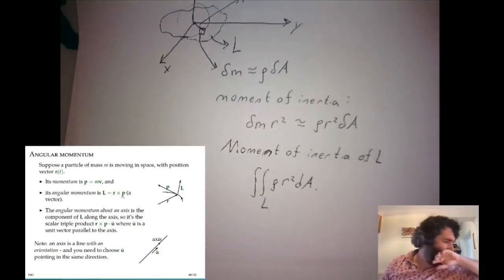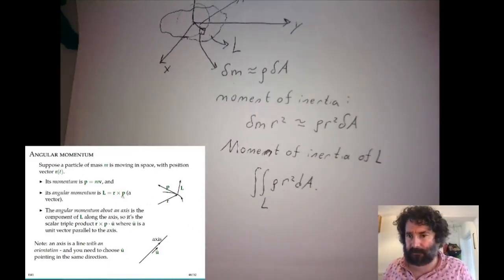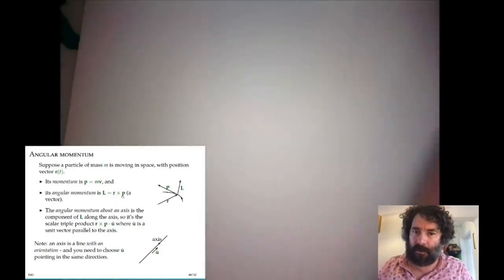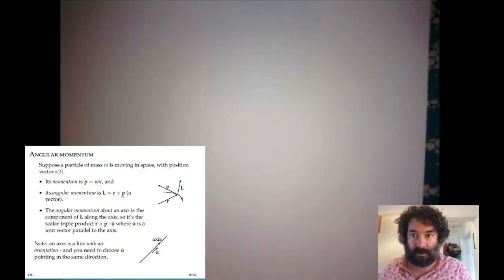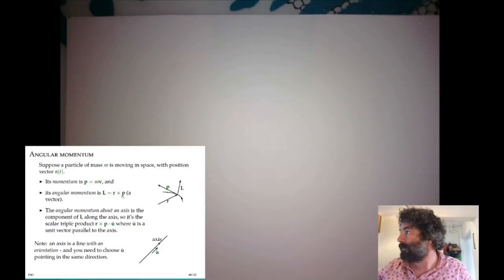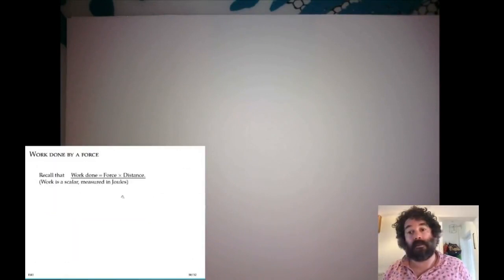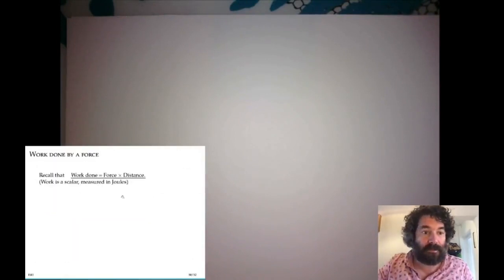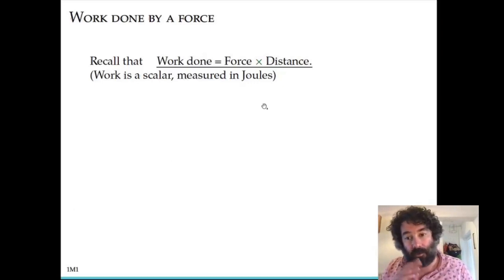All right, so that's an application. We're going to look at one other application, and remember at the beginning I said we were going to connect it to line integrals. And so this application is the work done by a force when you move an object a given distance.